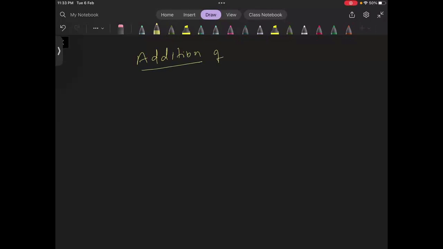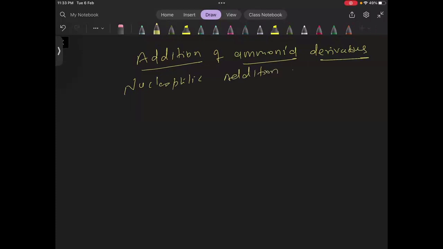What happens, students, is that the ammonia derivatives follow the nucleophilic addition elimination mechanism.